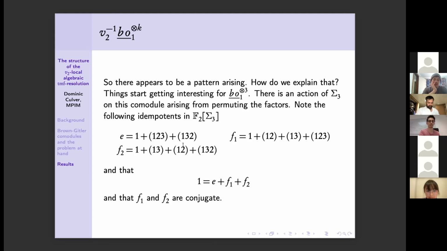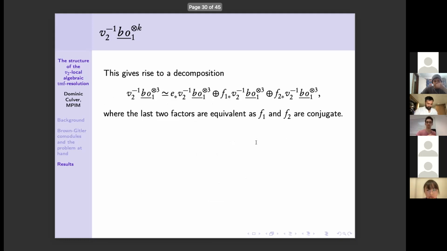And these are the idempotents that we found. It's fairly straightforward to see that they sum up to 1, and notice that F1 and F2 are conjugate. Because you have this set of idempotents, you get a decomposition of BO1 cubed: a copy coming from F1, one from F2, and one from this E thing. These are going to be subcomodules.